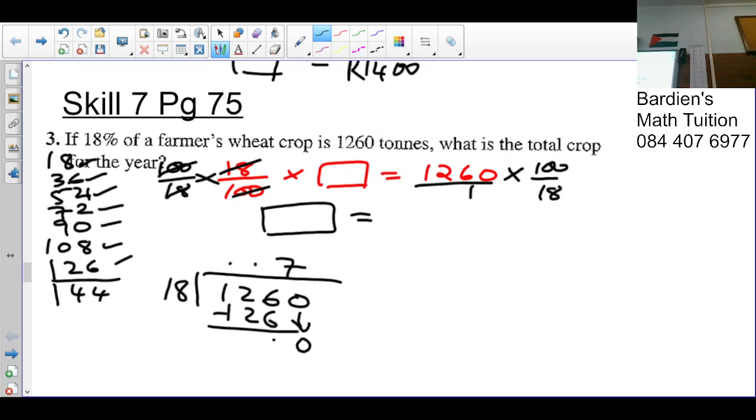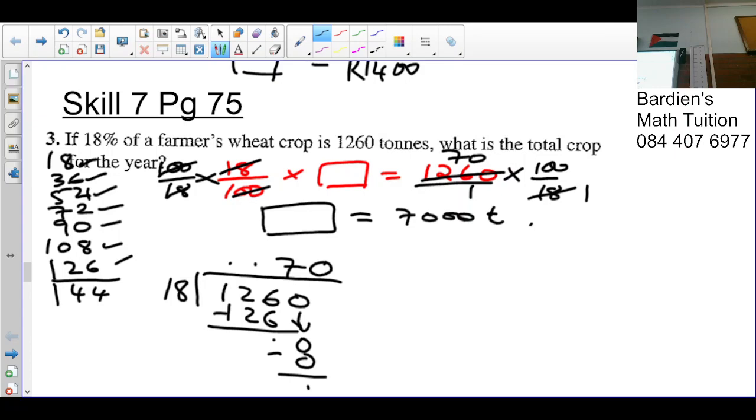Carry down 0. Can 18 go into 0? No. 0 times 18 is 0, no remainder. So 18 goes into 1,260 70 times. Can you see that, people? 70 times 100 is 7,000 tons.